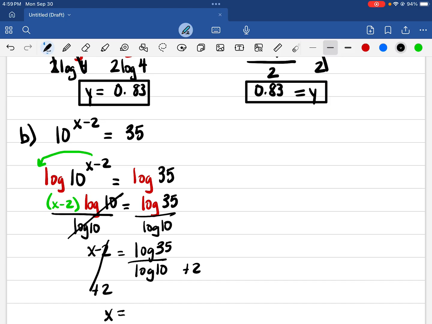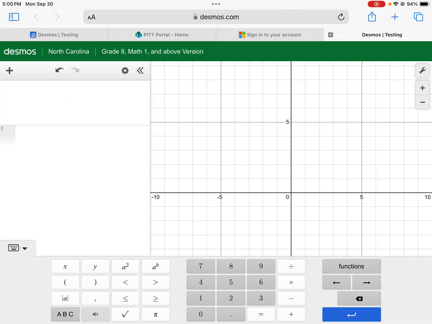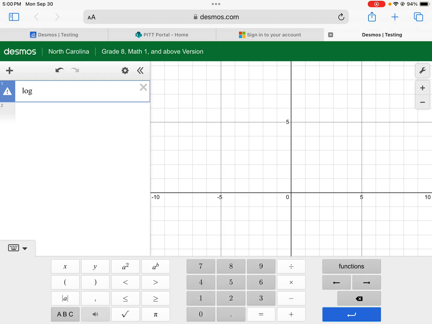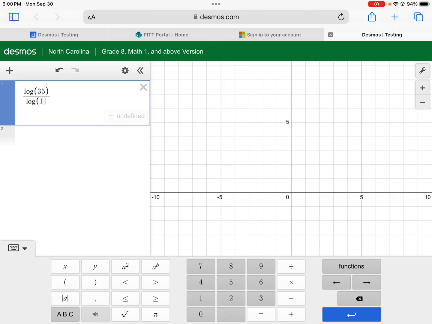And then we're going to go to the calculator and type in log of 35 divided by log of 10, and then do plus 2 and see what we get. Log of 35 divided by log of 10, plus 2.